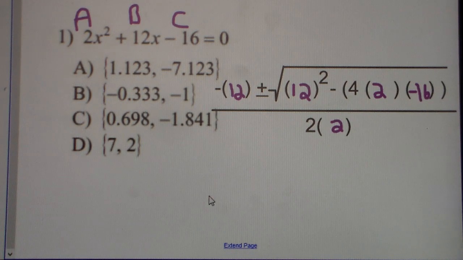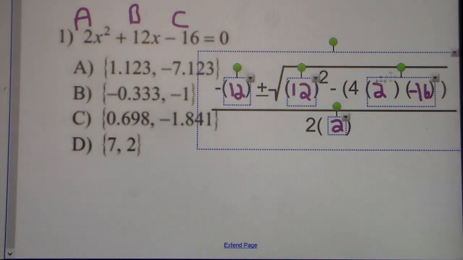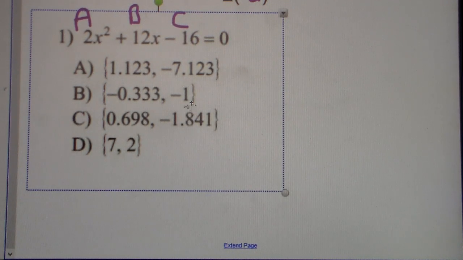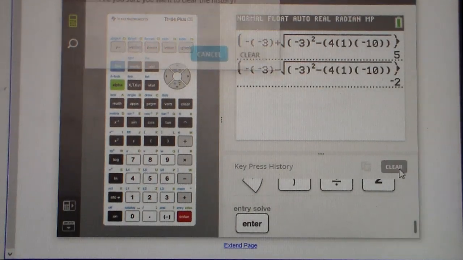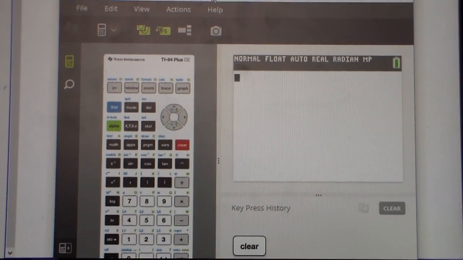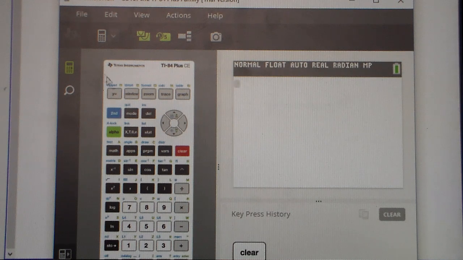Now we're going to take this formula and put it into our graphing calculator. So I'm going to slide it up and out of the way so I could easily put it in and easily see things. So let's bring up the graphing calculator. I'm going to clear it. So I got my graphing calculator right here.